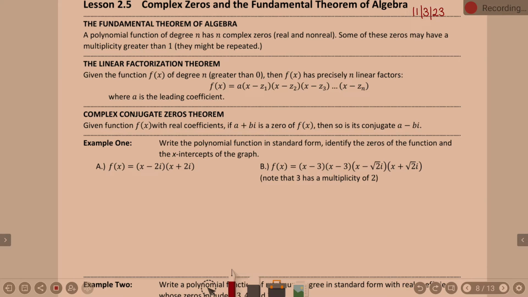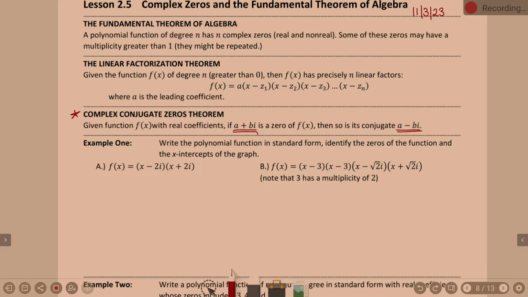And then our other theorem: given a function f of x with real coefficients, if a plus bi is a zero of f of x, then so is its conjugate, a minus bi. This is probably the important one today, because they're not always going to be nice and say, okay, this and this are zeros.